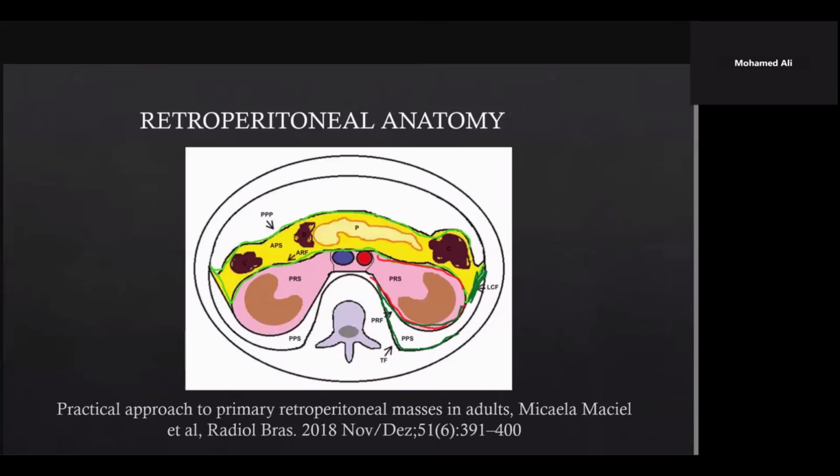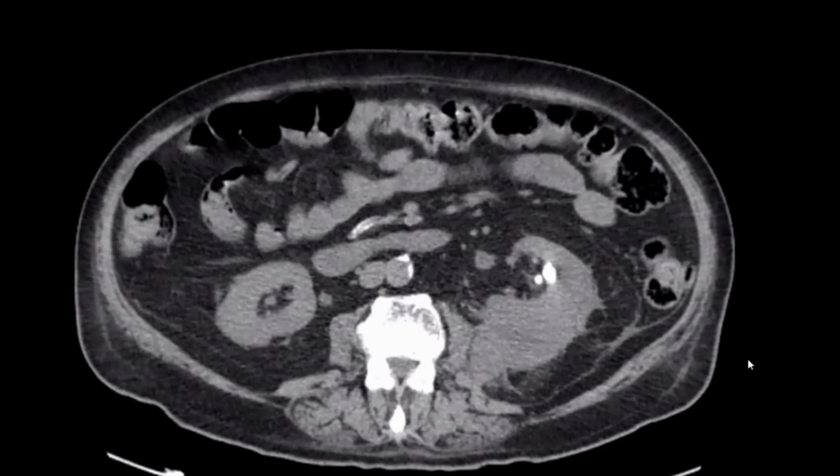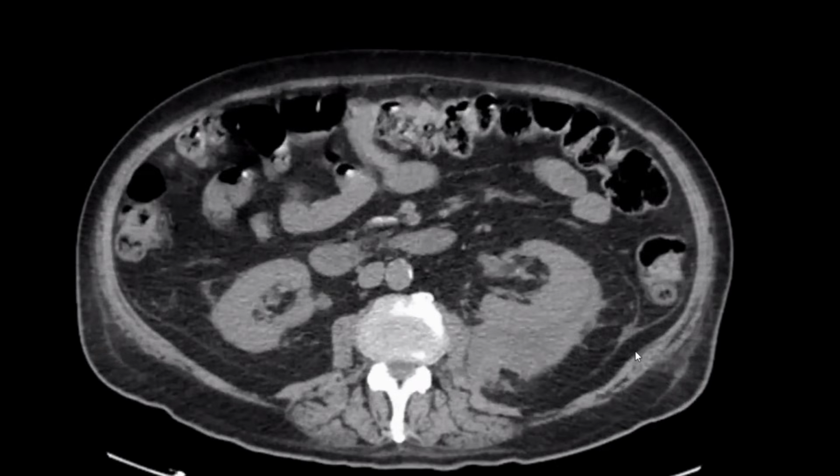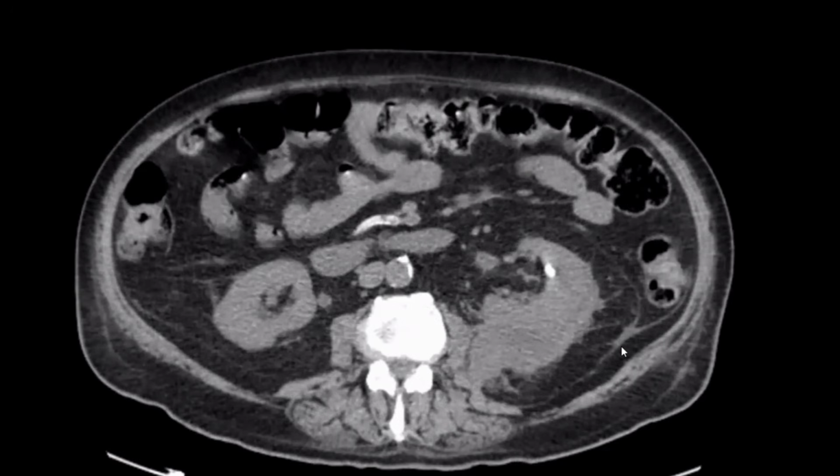The anterior pararenal space contains the descending colon, the ascending colon, the second and third parts of the duodenum, and most of the pancreatic tissue. Some points: as we said before, when we have a perinephric collection, you will find some bridging septa, as you can find here.